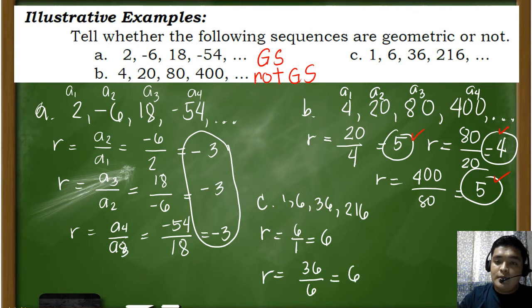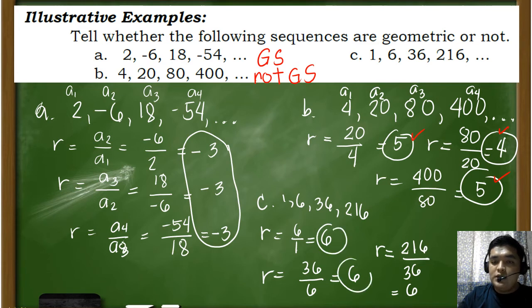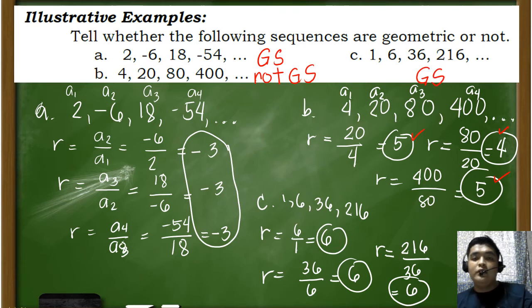That is 6. Next, 216 divide 36 is 6. Okay, as you can see, our common ratio is 6. So therefore, letter C is a geometric sequence. Okay, very good, no?